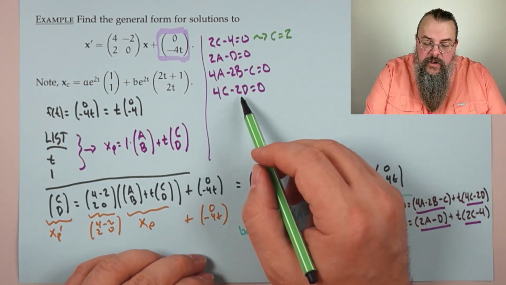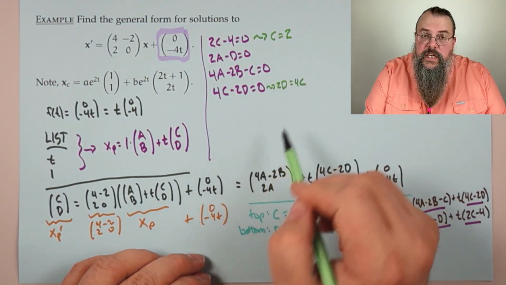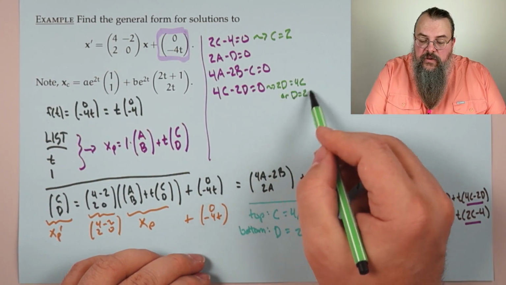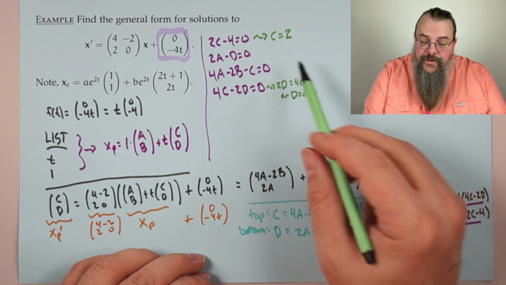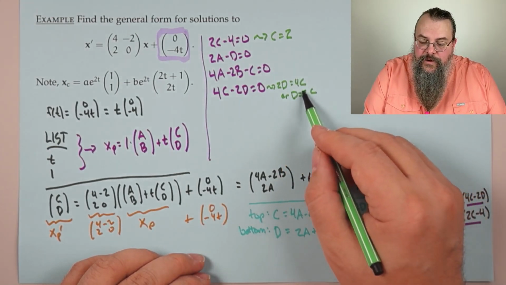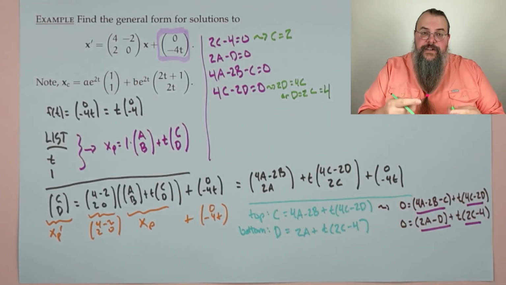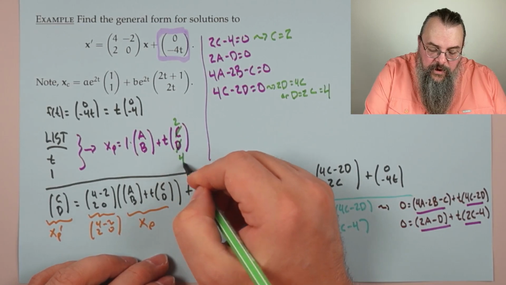Notice this part says 2d is 4c, or you could say d is 2c. But we know what c is. c is 2, so d is 4. Okay, so now we know c and d. c is 2, d is 4. Great.